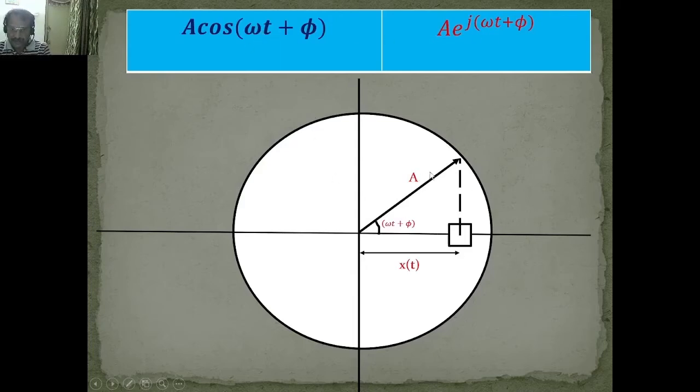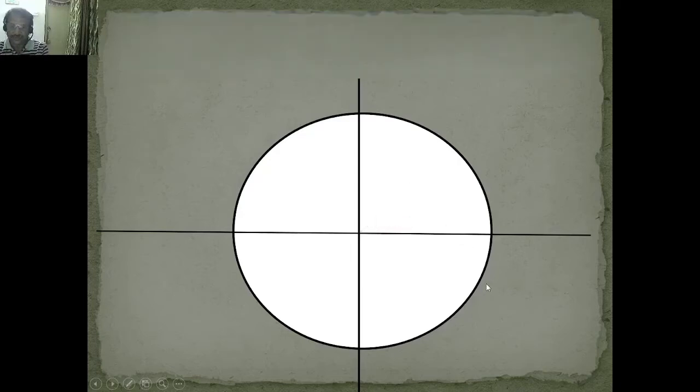So it works like this. We have a vector a along the x-axis, and a multiplication of e power j(omega t plus phi) can be understood as rotate this vector by an angle of omega t plus phi. We get this, and this is the x component of this vector, which is x of t. And what is v of t? Now v of t is j omega a e power j(omega t plus phi).